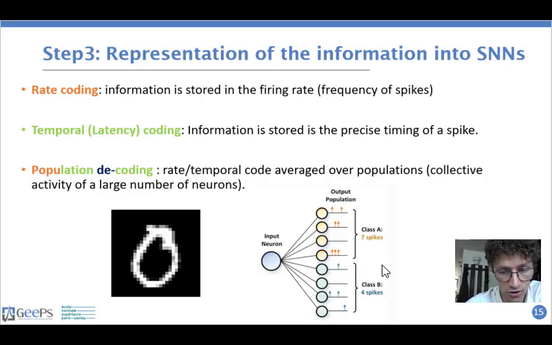So till now, I've been talking about coding or encoding, but not that much about decoding. In fact, mixing codes is not really common, but it is not forbidden. So you can have a particular method in the input layer to encode information and a different method to decode information.